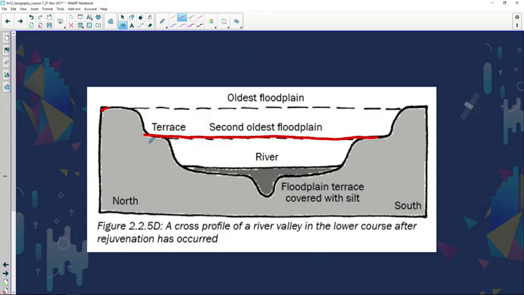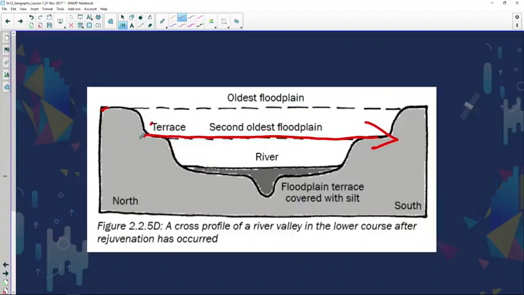But with rejuvenation, there was an increase of water and an increase in the velocity of water and erosion capabilities. What happens? The river eroded even further laterally and vertically, creating these step terraces for the floodplain.